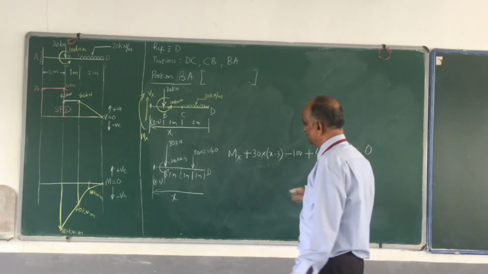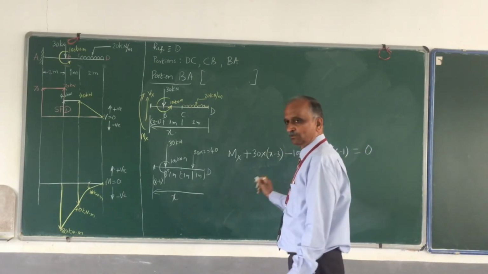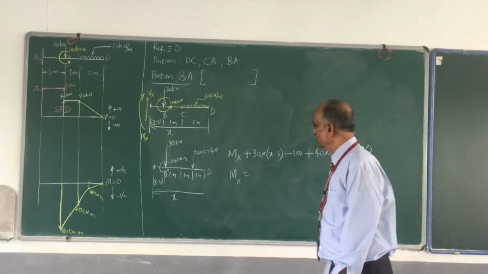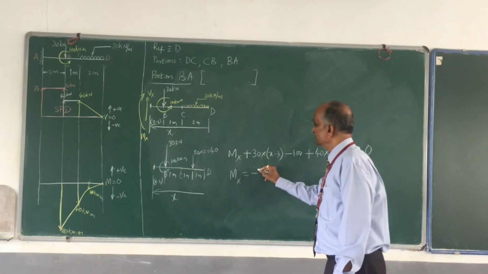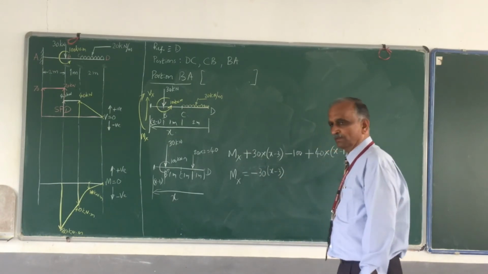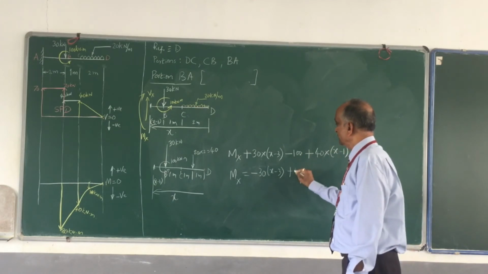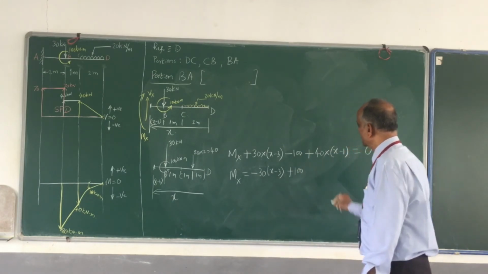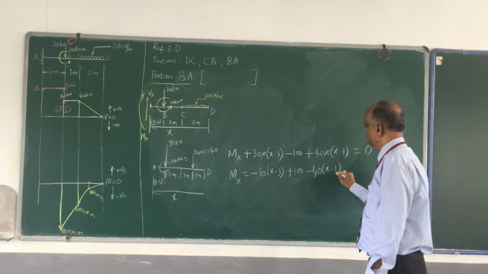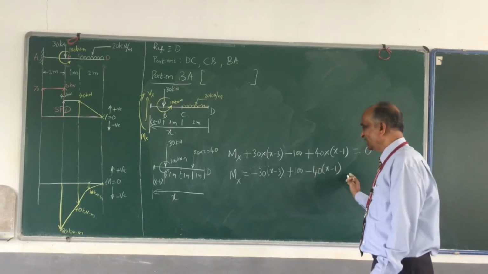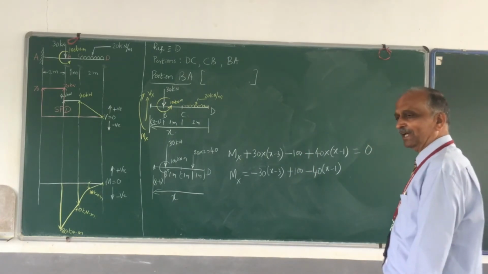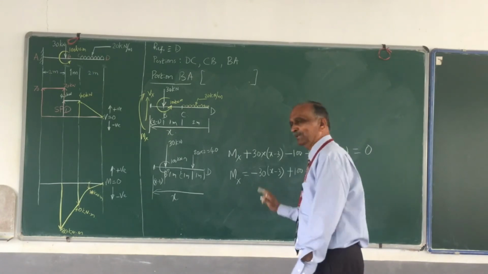Now the sum of the moments must be equal to 0. So Mx equals minus 30 into x minus 3, plus 100, minus 40 into x minus 1. You can simplify or keep it as it is, absolutely no problem.